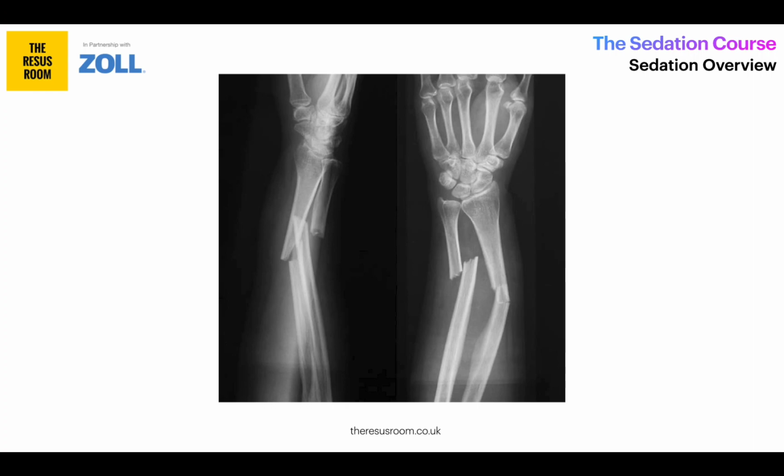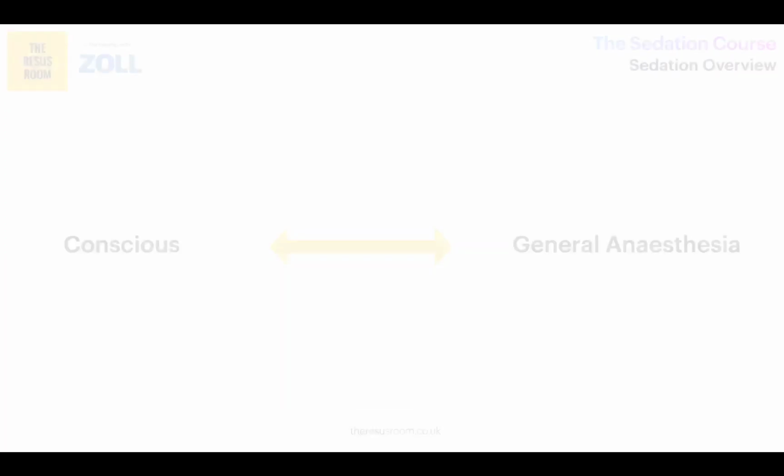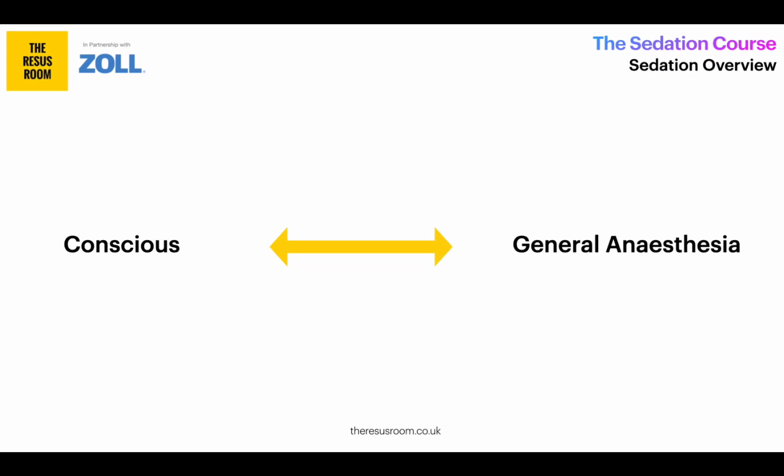Now, obviously, when you think about those two ends of the spectrum, then there is going to be a range of the depth of sedation that can be achieved. And when you think about sedation and that pharmacological inducement of an altered level of consciousness, that runs all the way between a fully conscious patient down to the far, far end of the spectrum to just up to, but not including, general anaesthesia.